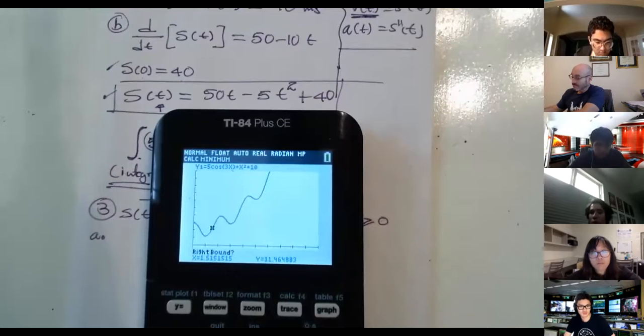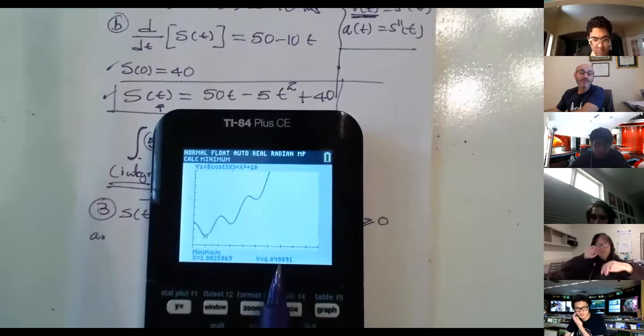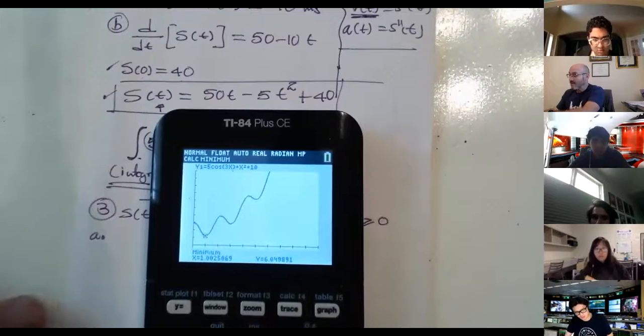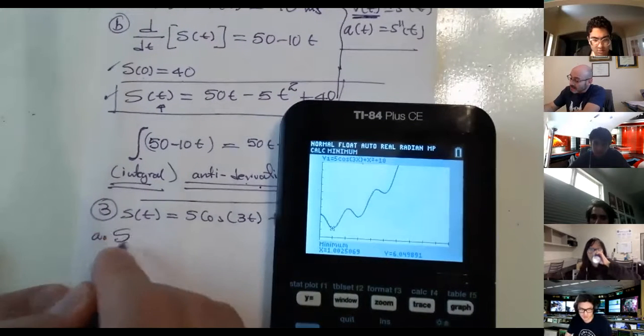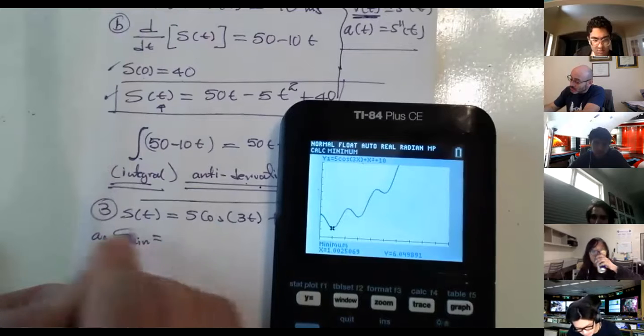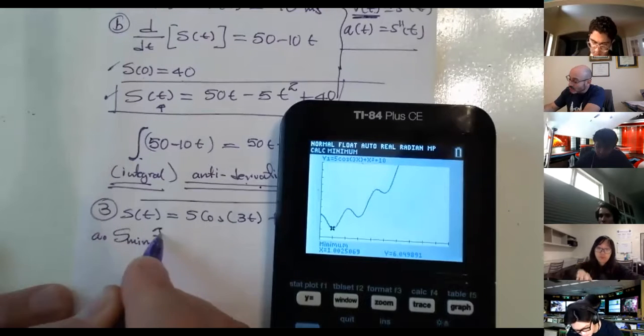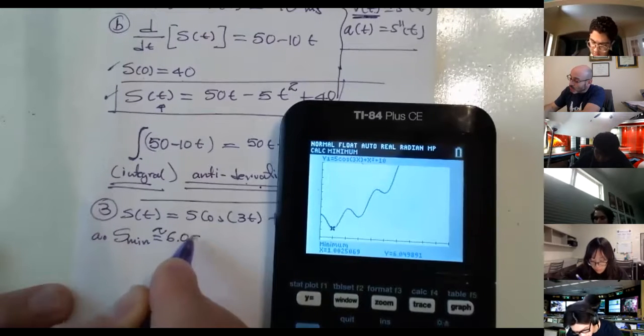There. Enter, enter. And look, the minimum is going to be my y value, 6.049. So about 6.05. Okay. So part A will be just S min, right? The minimum of this position is about 6.05.